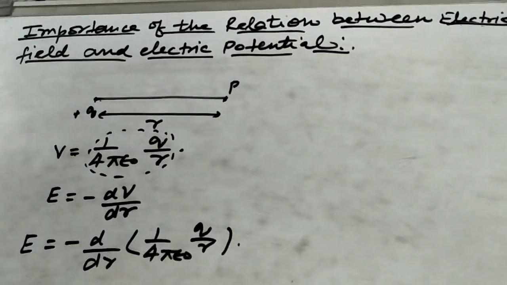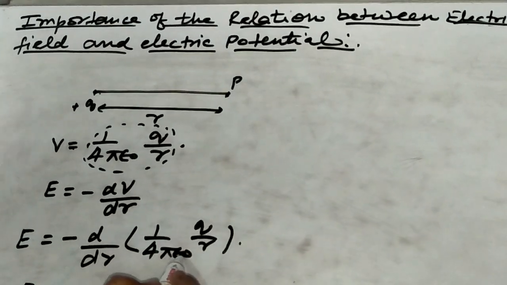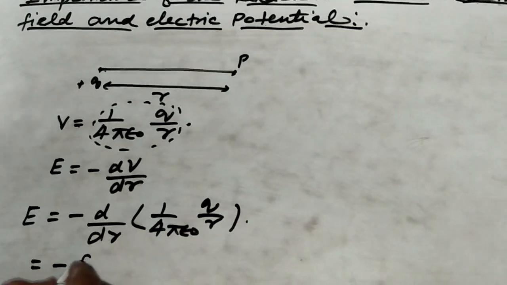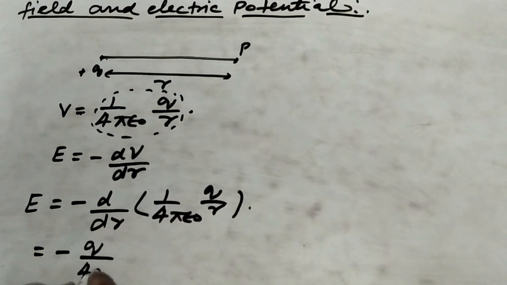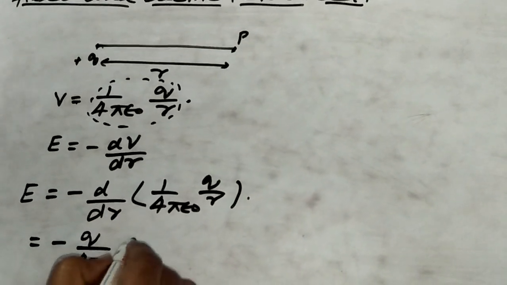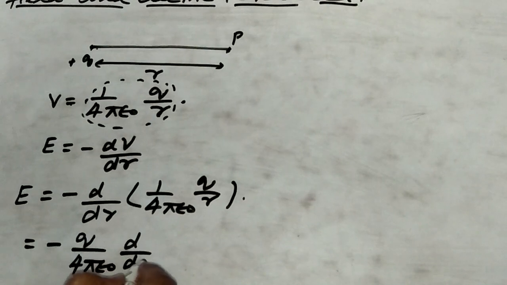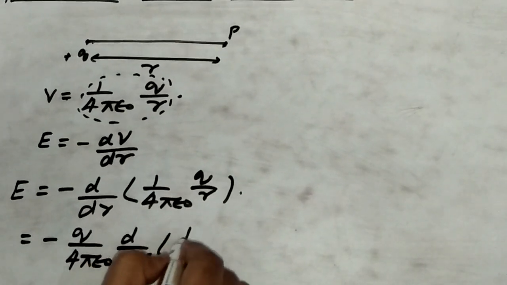And here this is minus, and q is constant, so take q upon 4 pi epsilon naught outside, and here d dr of 1 upon r.